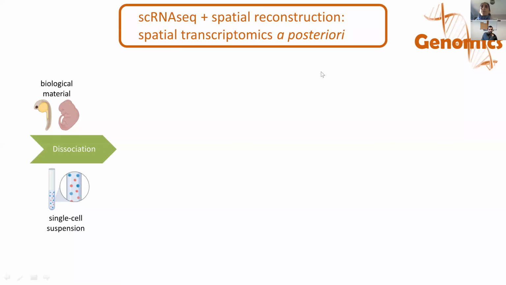Okay, so now we will just explain briefly how these different methods work. So first, starting with spatial single-cell RNA sequencing. Usually you start with your biological material of interest, which can be embryos, for example, here, or different animals or cells or tissue sections, whatever. What you want to do first is dissociate your cells to get a single cell suspension.